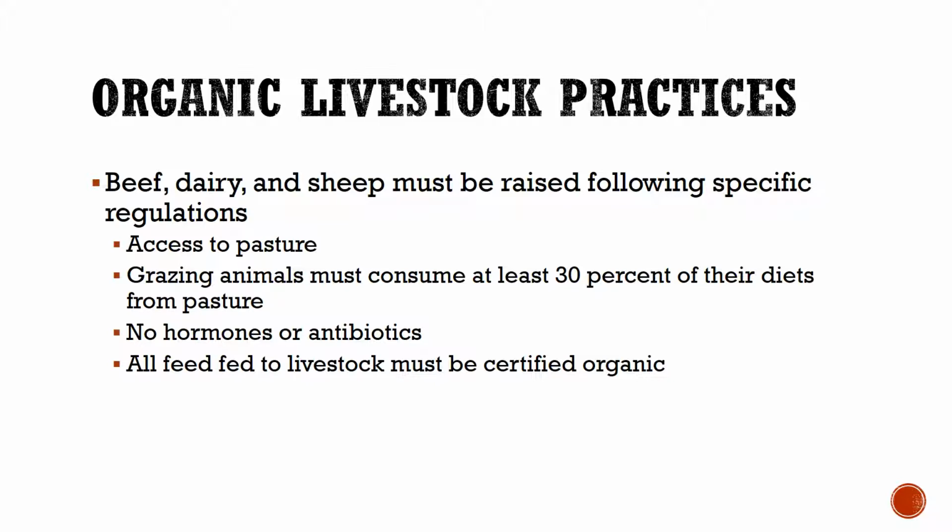You can throw in some corn and stuff to fatten them up, but that corn has to be GMO free. It has to be organic, but 30% of it has to be from the grass. You cannot treat them with any antibiotics or hormones, so you can't treat them for pink eye, can't throw in a hormone or anything like that. And then all feed that is fed to that livestock has to be organically certified. So the corn, whatever the grain, whatever it is, has to be organic.